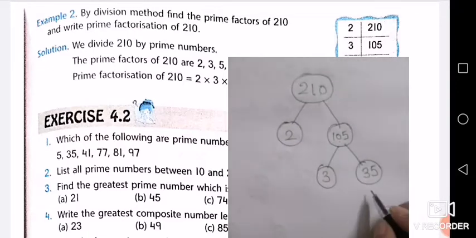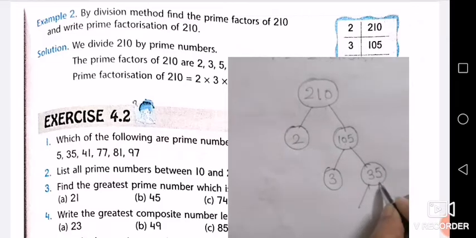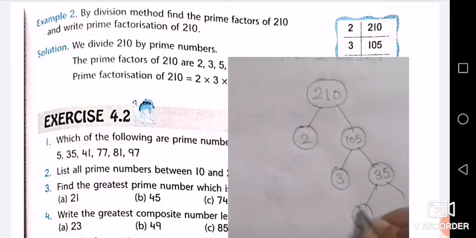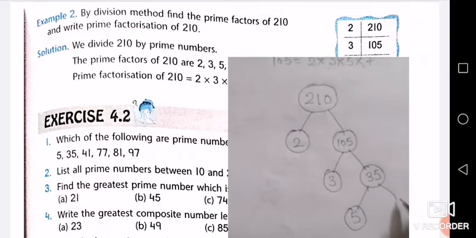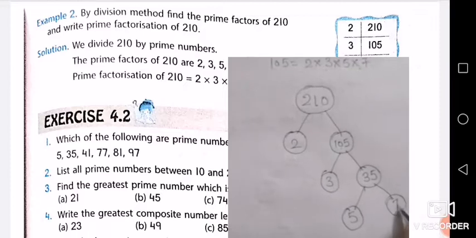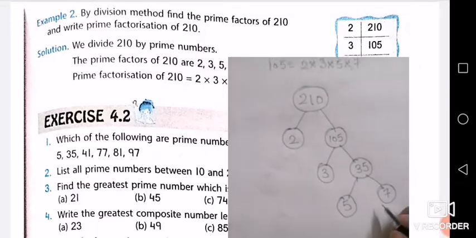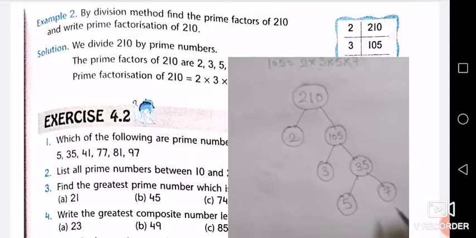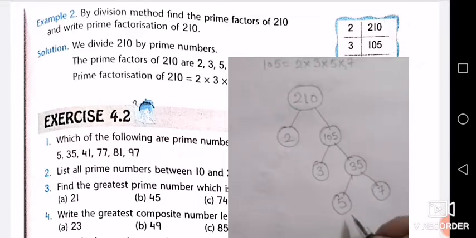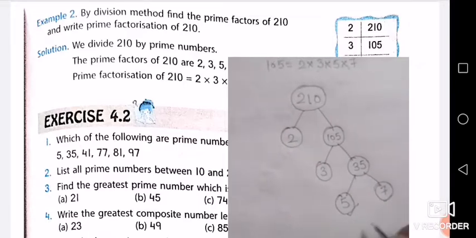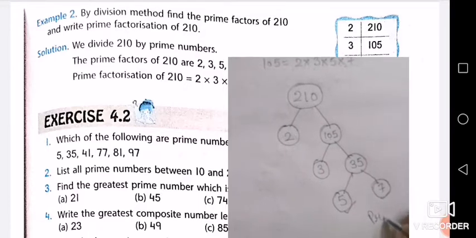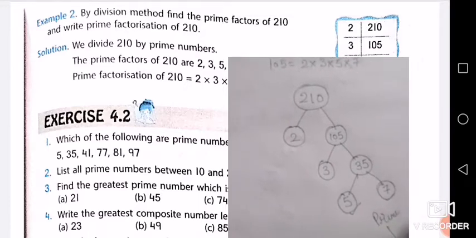Now we have 35. Now this 35 will go on 5 and then 7. 5 7s are 35. Now we will not divide it more. We will not extend that factor tree because 5 and 7 both are prime factors.